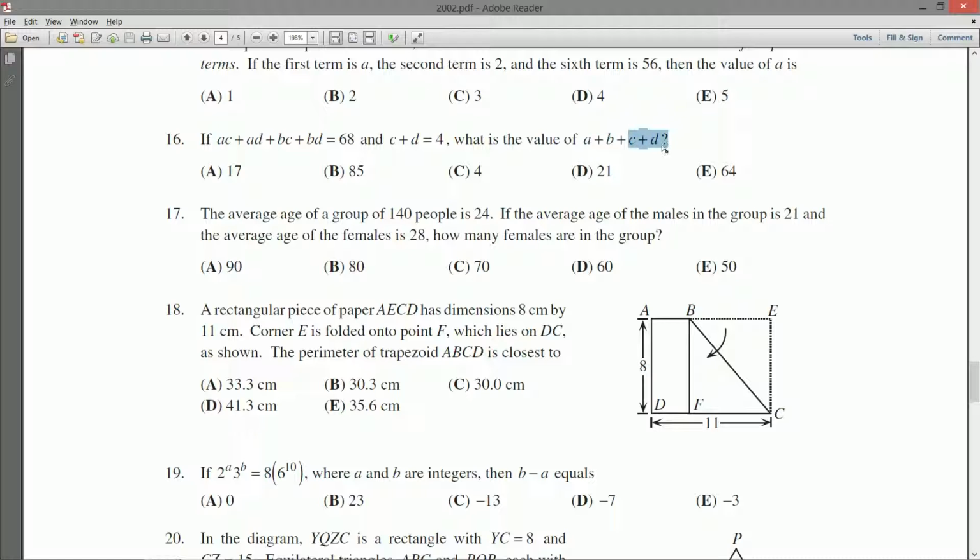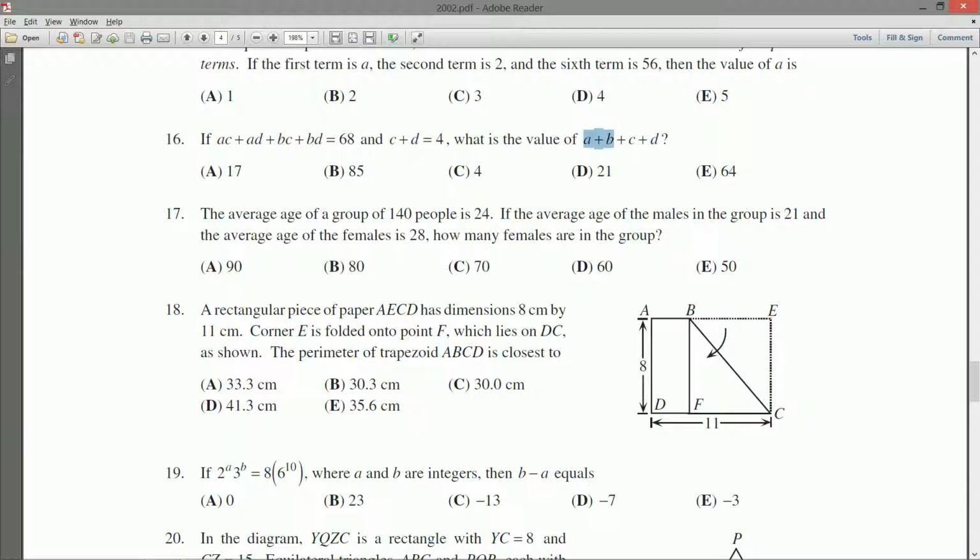I notice I've got a C plus D. And I have an equation that just gives me C plus D. So I know the last half of the equation, the value that I'm trying to work out, is 4. I know what C plus D is. They gave me that. It doesn't actually matter what C is, because I don't need C. I need C plus D. In the same way, if I could work out what A plus B is, I'd be all set.